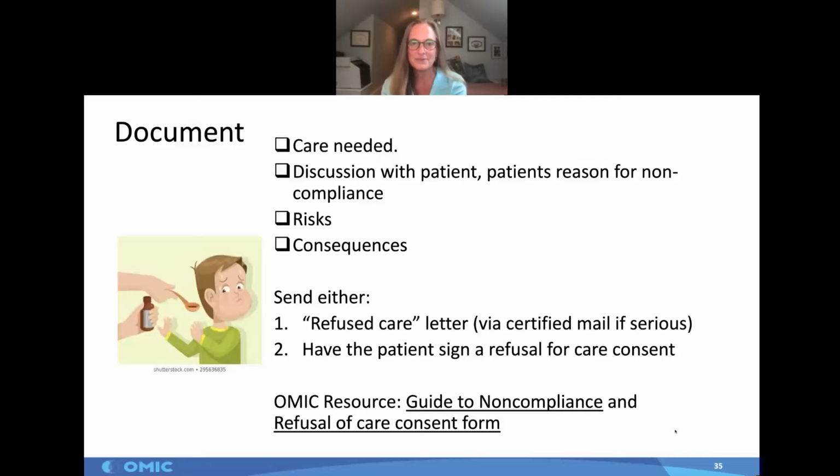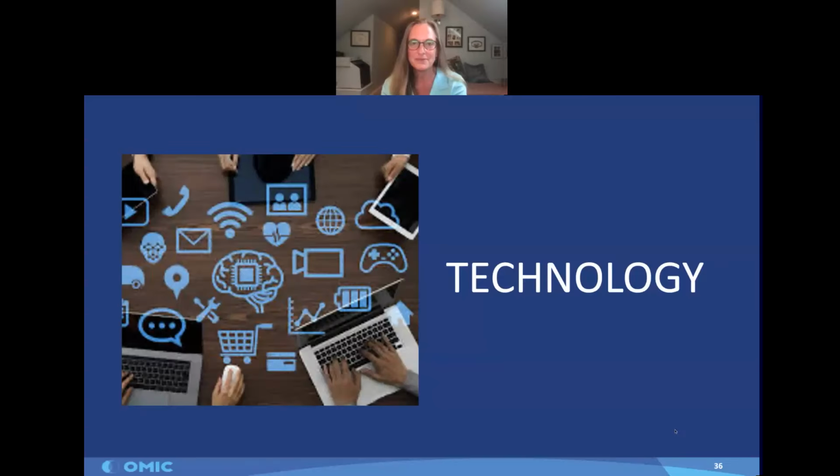It could be a patient that you've treated for 30 plus years and they just decide they don't want to have that laser treatment, or they don't want to get those injections. But you really have enjoyed treating this patient and you want to continue to treat the patient. So this is where a signed refusal of care is important. Again, all of these resources are available on the website.